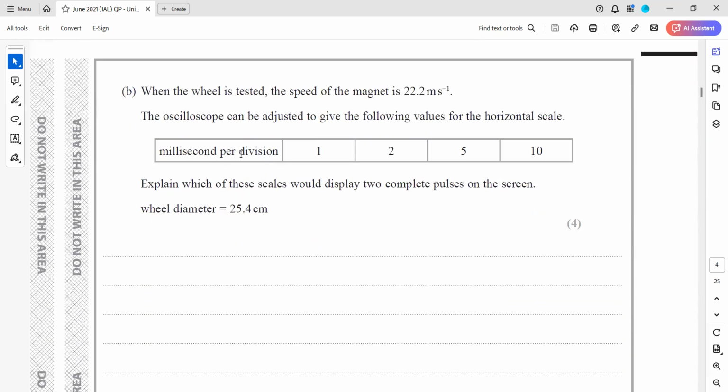So milliseconds per division can be 1 millisecond, 2 milliseconds, 5 milliseconds per division, or it can be 10 milliseconds per division.